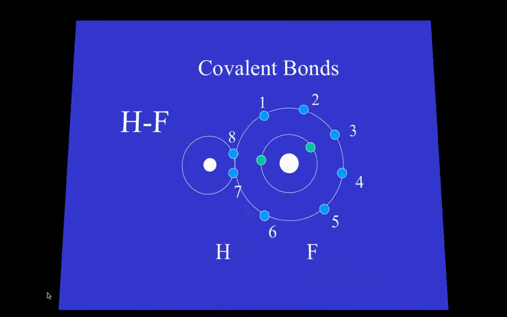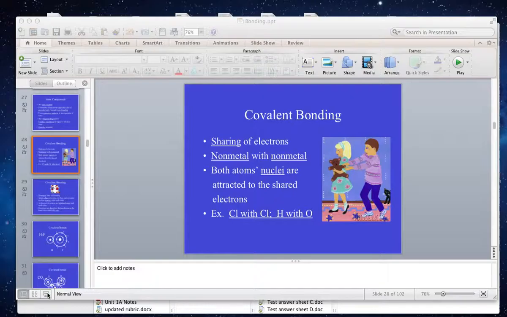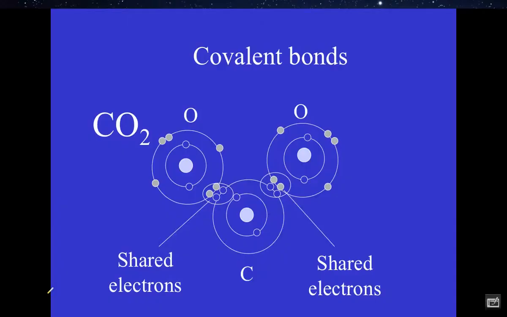Now we can also have this in something more complex like carbon dioxide. You can see in the circled areas there we have the shared electrons, and they count for both atoms. So if I am looking here for my carbon, look at your outer ring. You've got 1, 2, 3, 4, 5, 6, 7, 8. So carbon is therefore stable.